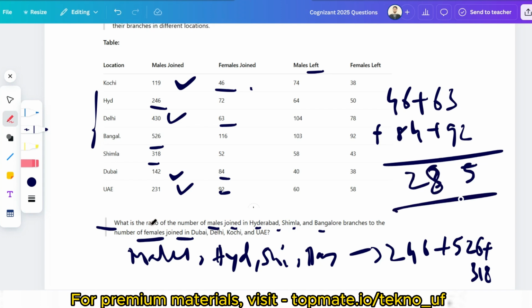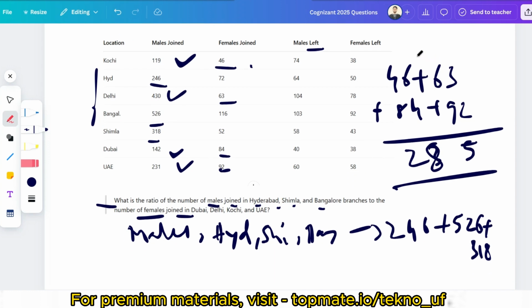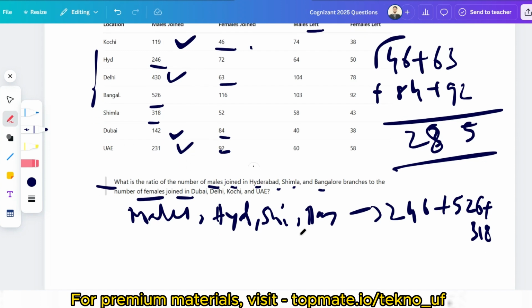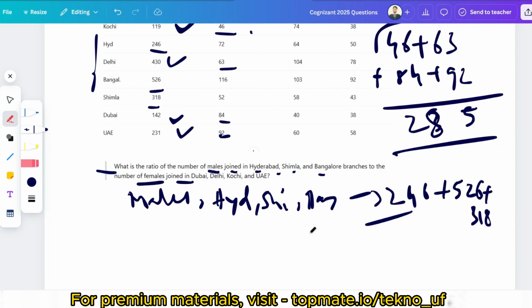So actually the calculation might be wrong, but the process is okay. So just be careful about that. You have to add the females joined in these locations and the males joined in these locations. So add these numbers and just get the proportion ratio. Okay, so you will get the desired answer.